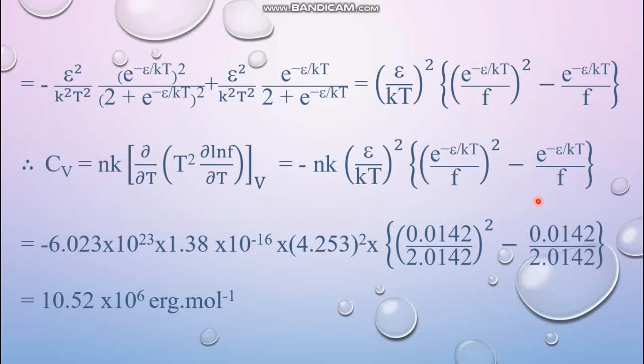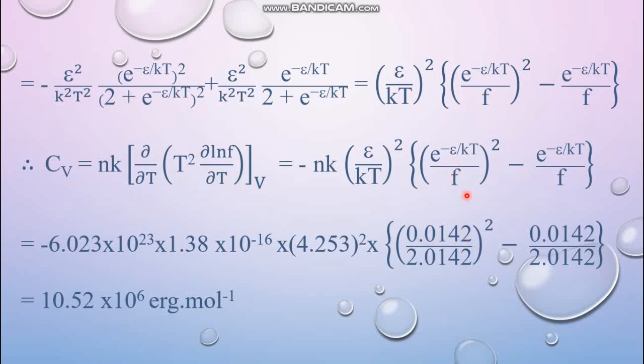Okay, now you have all these values in your hand. You have got the value of n, Avogadro number, you have the value of k, Boltzmann constant, you have the value of epsilon by kt 4.253, remember. You have also the value of e to the power minus epsilon by kt, the value is 0.0142.